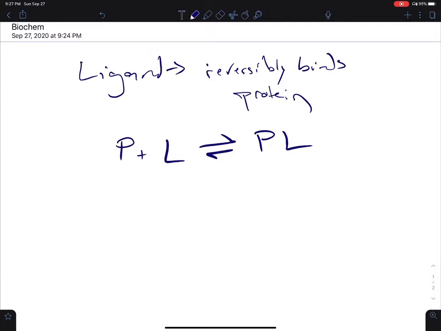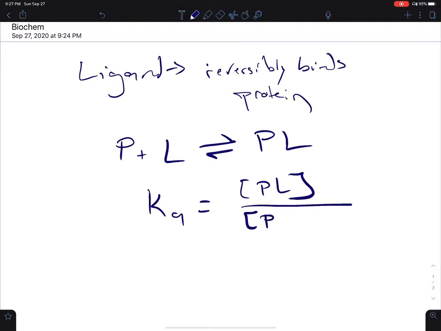So we can have a K for the association that is equal to the concentration of the protein ligand complex, which is the product in this reaction, over the concentration of the free protein times the concentration of the free ligand.